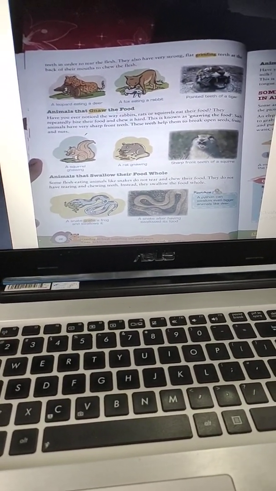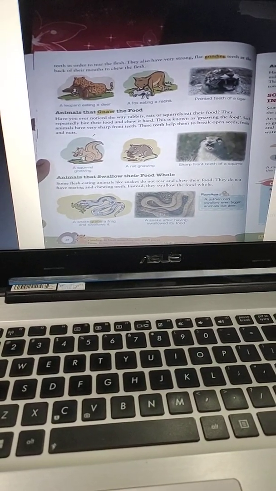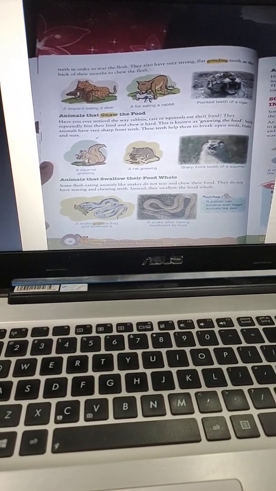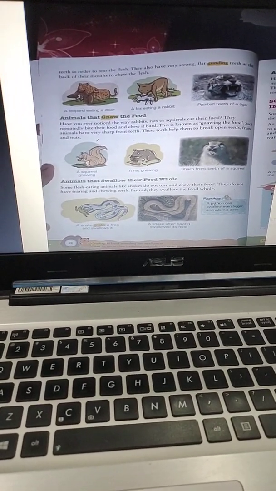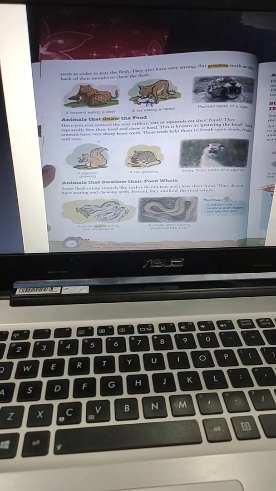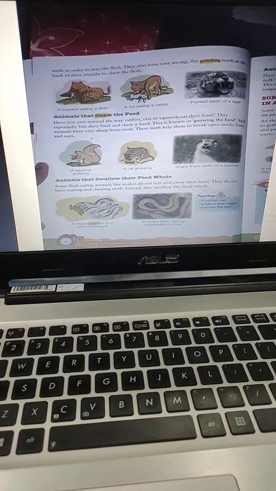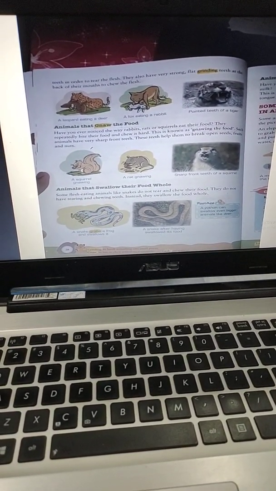In swallowing, you take the whole food and swallow it. You neither chew it, nor tear it. You only swallow it. And in gnawing, you do the munching of the food. You cut it into small pieces and eat the food. So, gnawing is called that. You grind it.